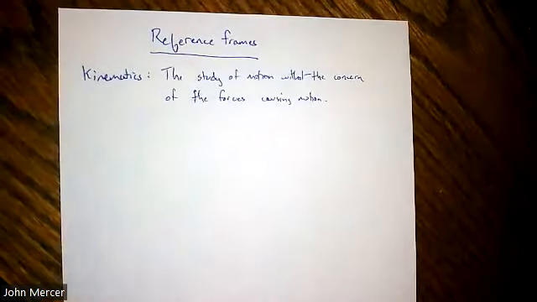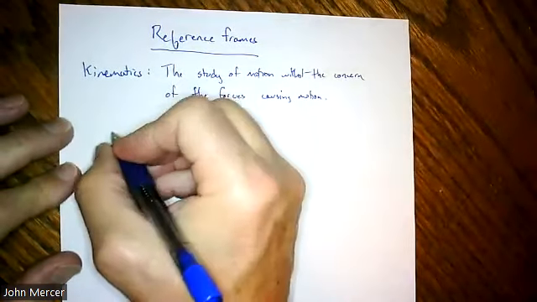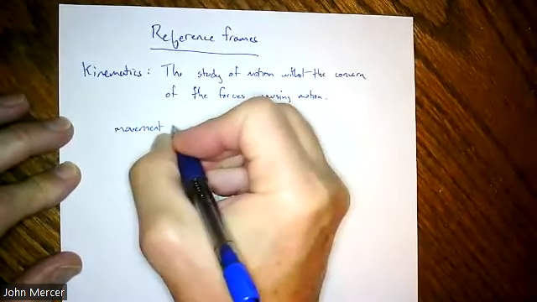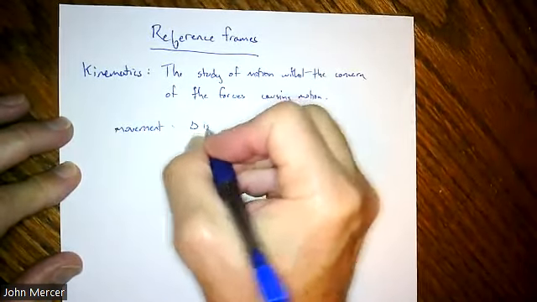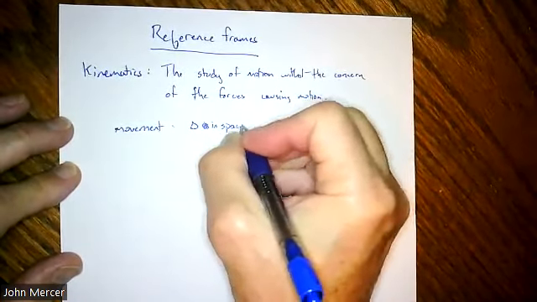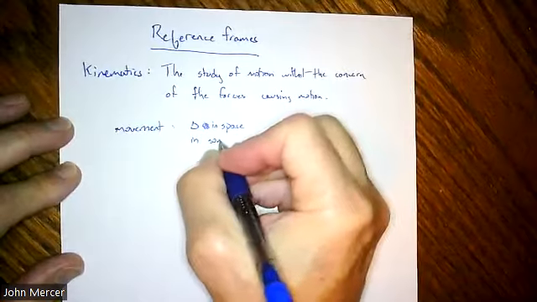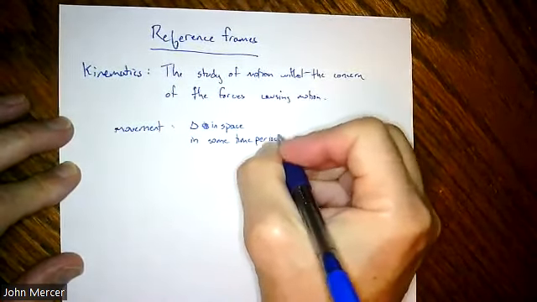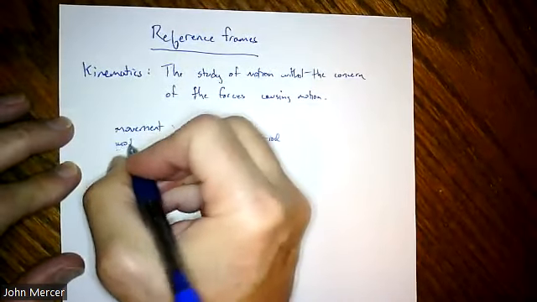Okay, now in order to quantify movement or motion, well, I guess I should say movement is a change in space in some time period. And we can use motion to mean the same thing.